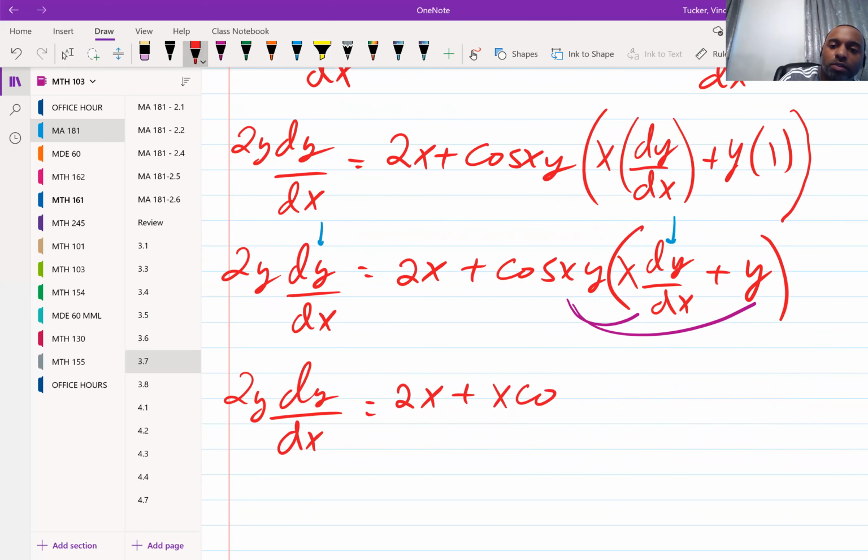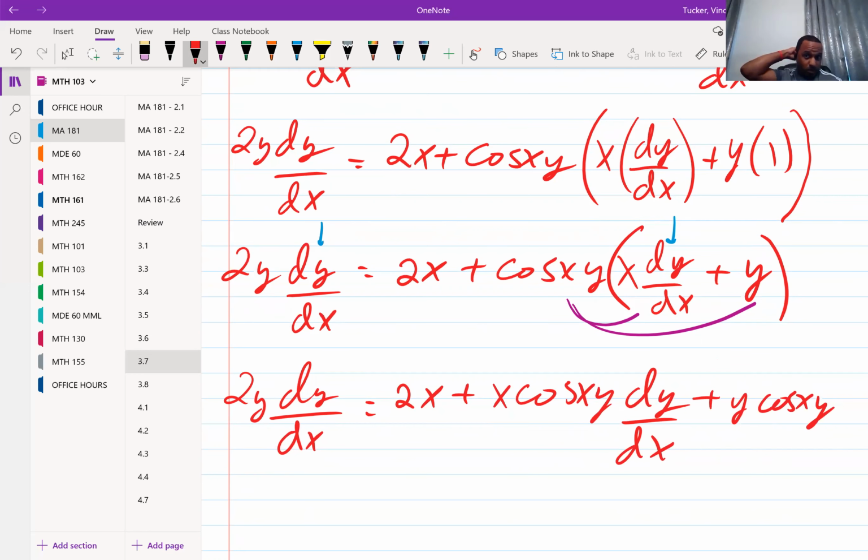So doing our distribution, that's 2x plus x cosine xy dy/dx plus y cosine xy. So now we need to get this term over here, and we'll end up subtracting that term from both sides.